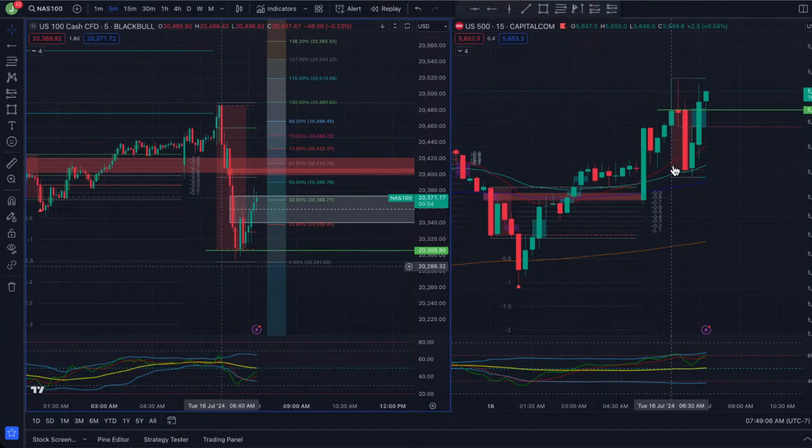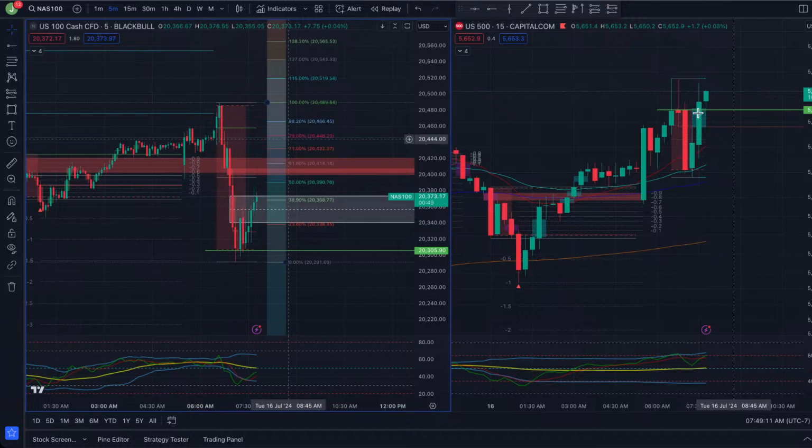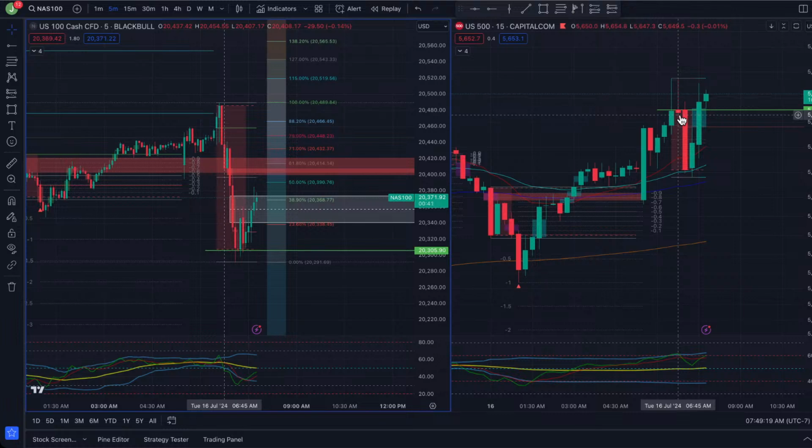Now let's see if US 500 is strong enough to pull NAS all the way to take out the tops. US 500 very close to taking out the previous highs.